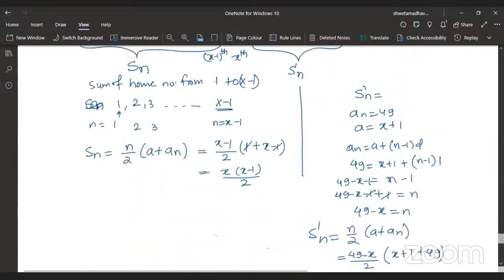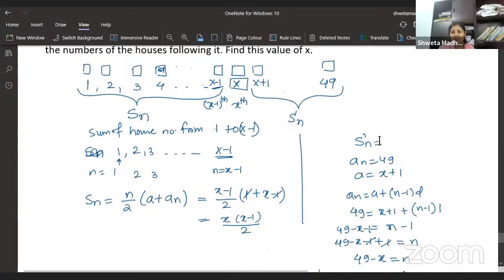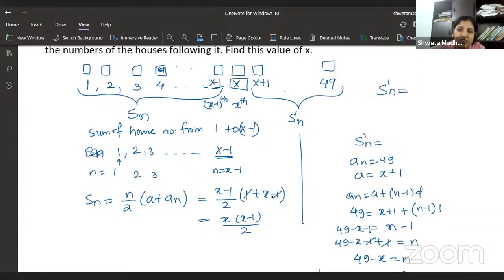Instead of doing this, if you are not clear with how to find n for the second part, you can find the sum of this part, S dash n, also by taking the total sum from 1 to 49 and subtracting the sum of 1 to x. That also can be done. You can do S dash n is equal to sum of all 49 terms minus sum of x terms.